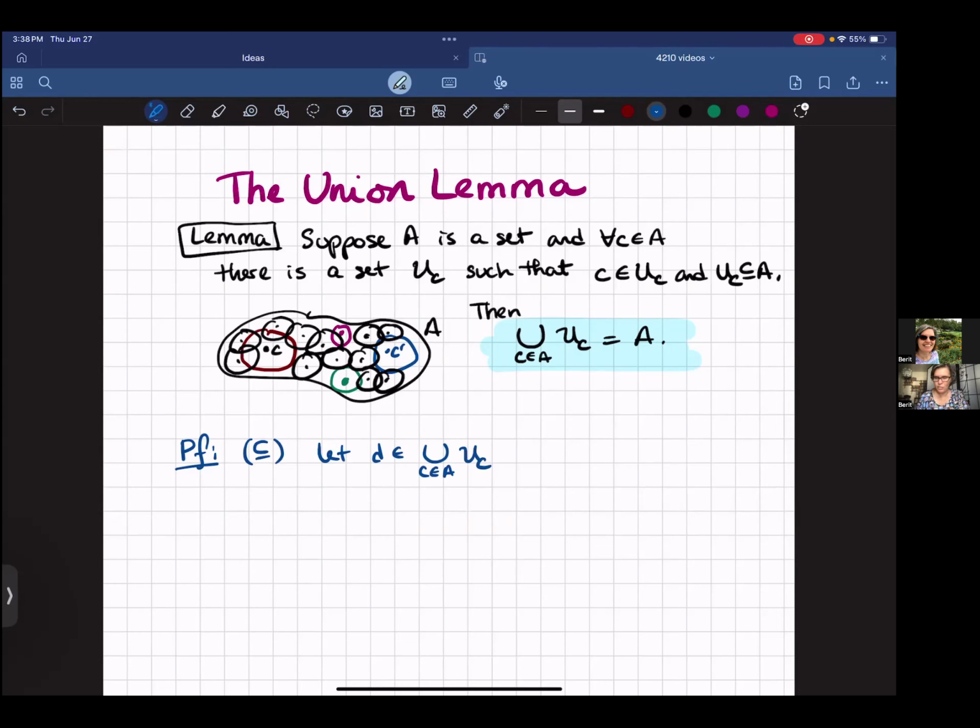By the definition of this union, d is in U sub c for some c in A. Okay. So I have the picture that I had before I drew a million things all over it. Here's my A. Here's my c. Here's U sub c. And d is somewhere inside there.